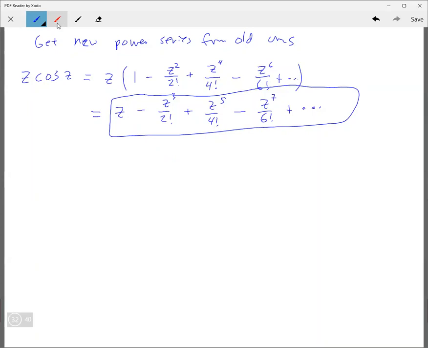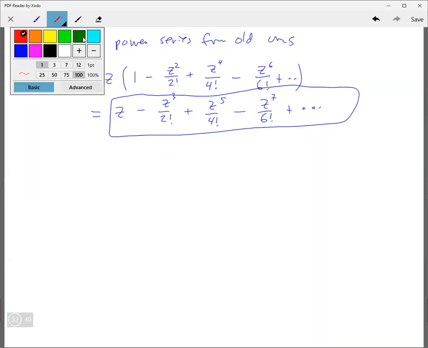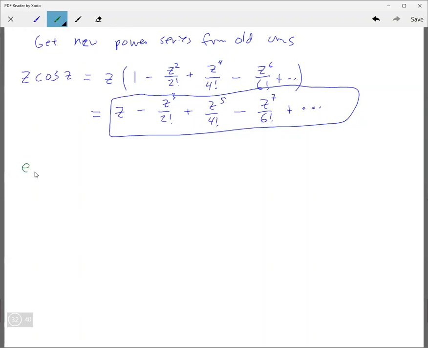Another thing, here's another method that you can use. Let's suppose that you want to get the power series for exp of z, squared. Okay, so what you can do is you can write down its power series.